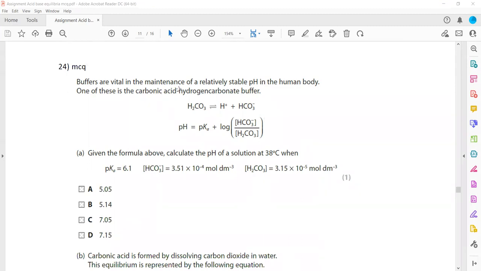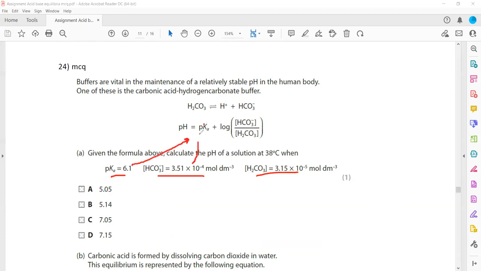Buffer solutions are vital in maintaining a relatively stable pH in the human body. One of these is the carbonic acid hydrogen carbonate buffer. Given the formula above, calculate the pH at 38 degrees centigrade. The formula is given with the pKa, we just substitute, this is 6.1.